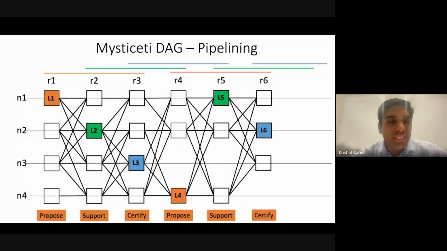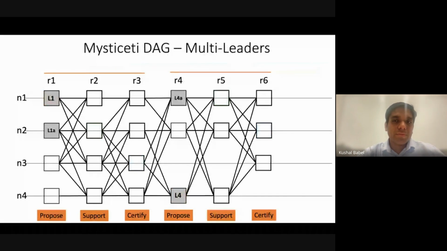So you can do that using proof of stake or anything like that. But for the sake of this protocol description, we assume that you already have a sequence of leaders in each round. In this case, you can see that it's round robin, right? So you have L1, L2, L3, L4, which is coming from node 1, 2, 3, 4, and so on. So you can have any deterministic sequence, and then you can commit every round using pipelining.